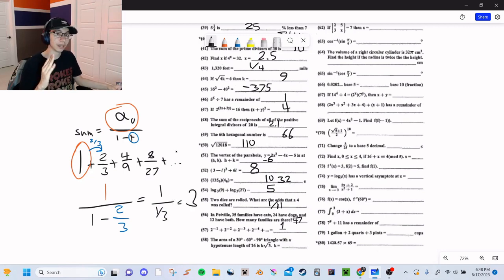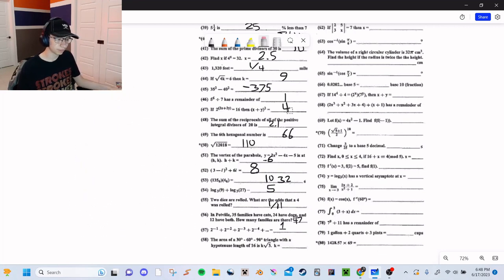That's our answer. And so now you guys know how to get the sum of any infinite geometric series. Alright, 58. The area of a 30, 60, 90 triangle with a hypotenuse length of 16 is k√3. What is k?